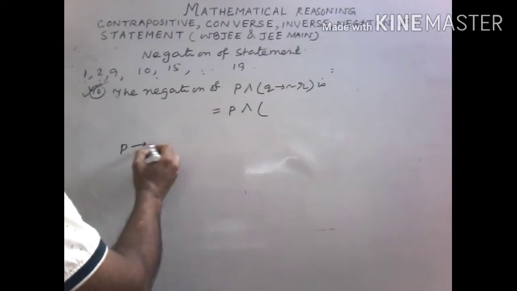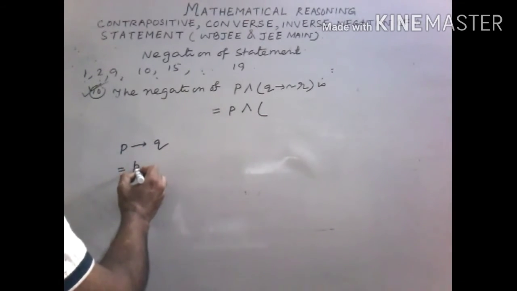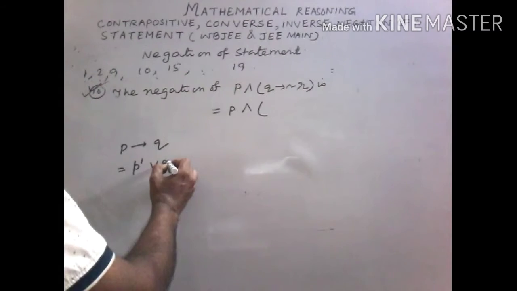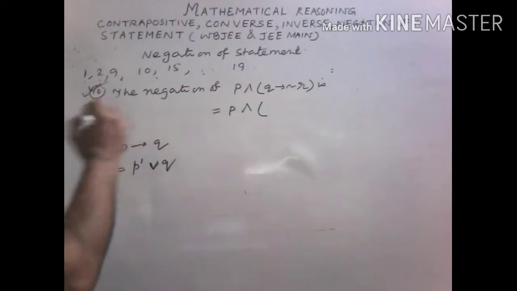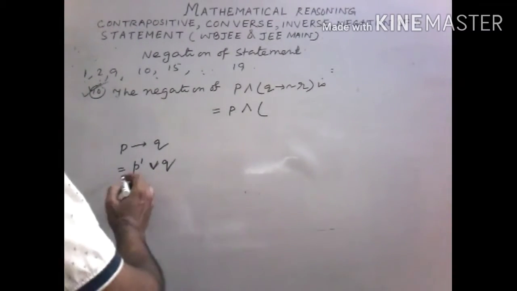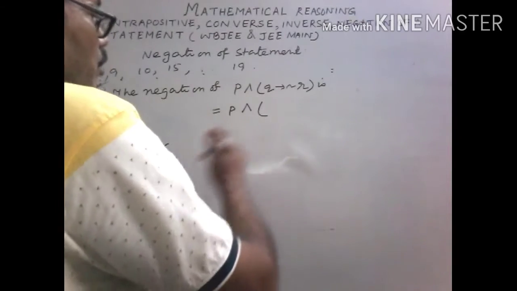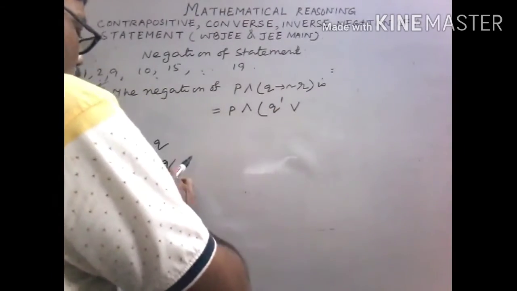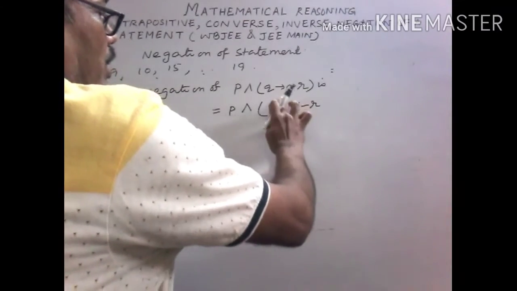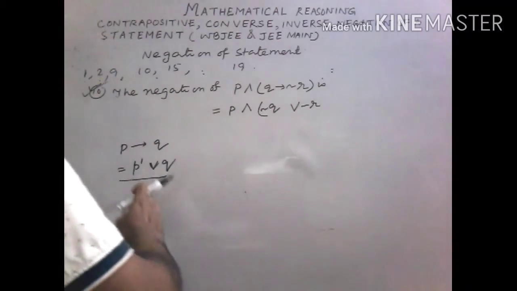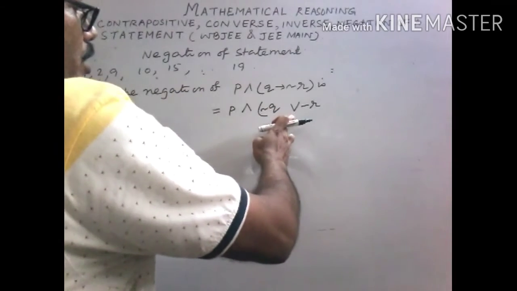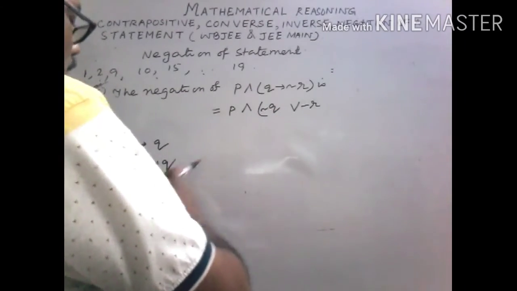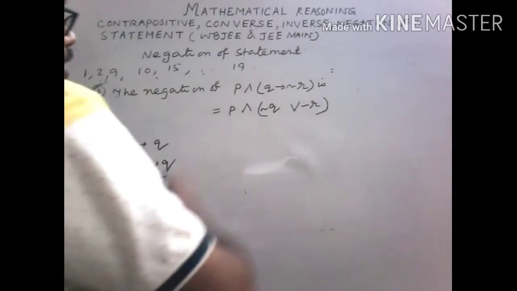P arrow Q, you know this is P dash disjunction Q. We have already stated this property. So by this property, this is negation Q union negation R. Q dash means negation Q. Negation Q union negation R.